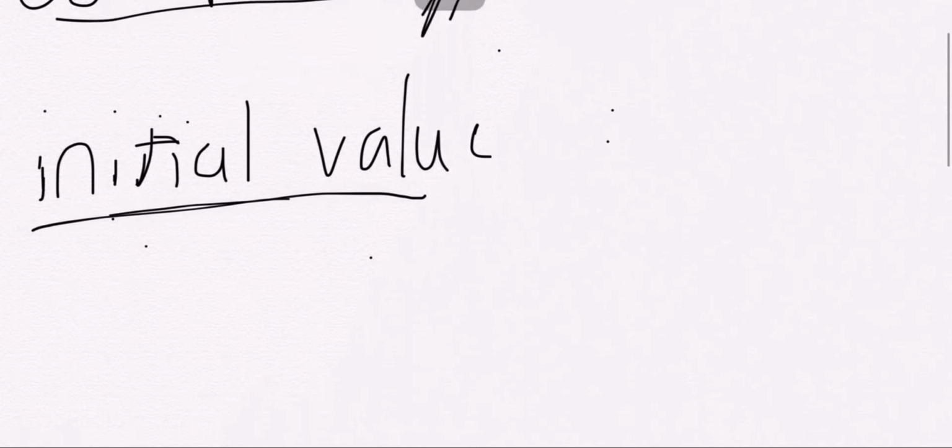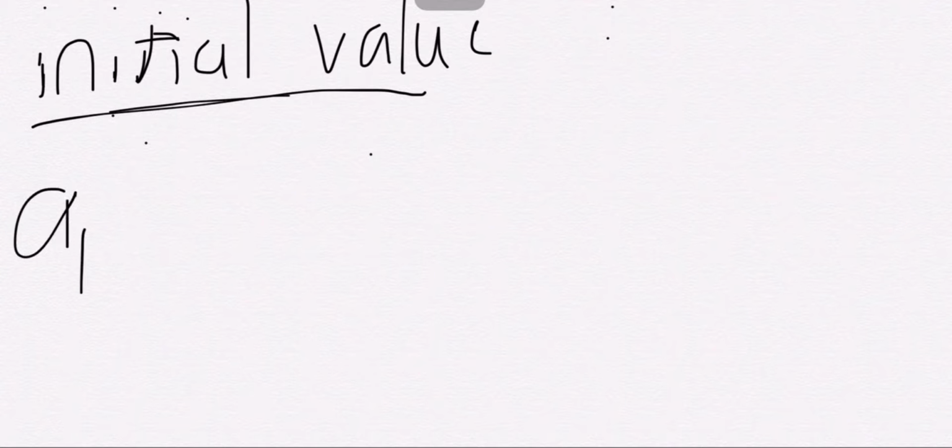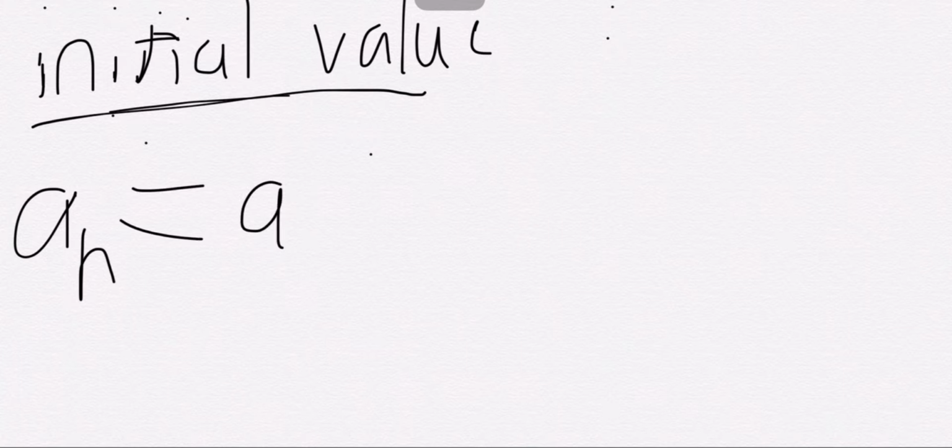Alright? So there are two ways in which we can represent an arithmetic sequence. I will write this in variable form. So we'll start with a sub n is equal to a sub 1 plus d times n minus 1.